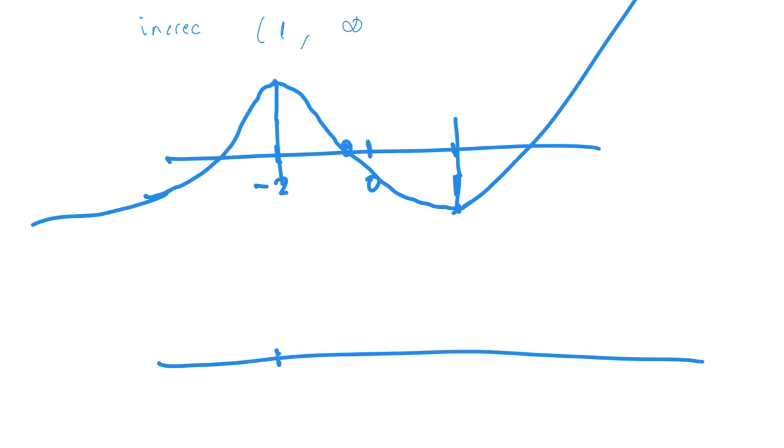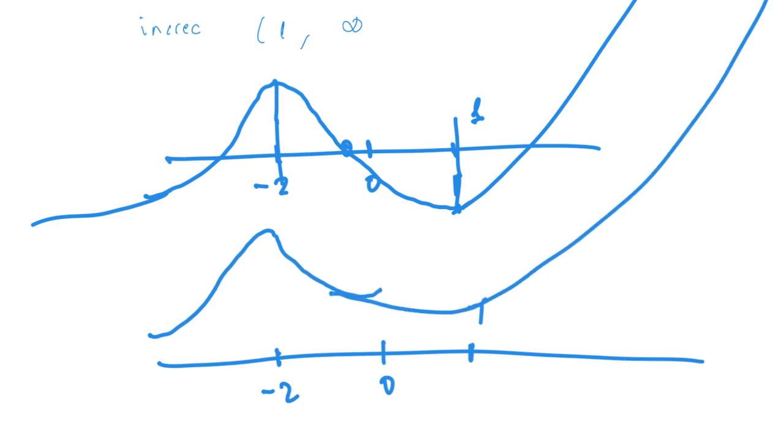Maybe it's minus 2, 0, this is the point 1, the two critical points. Maybe it does like this and never crosses the point.